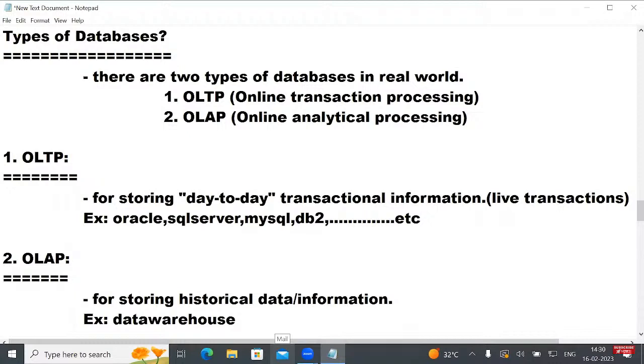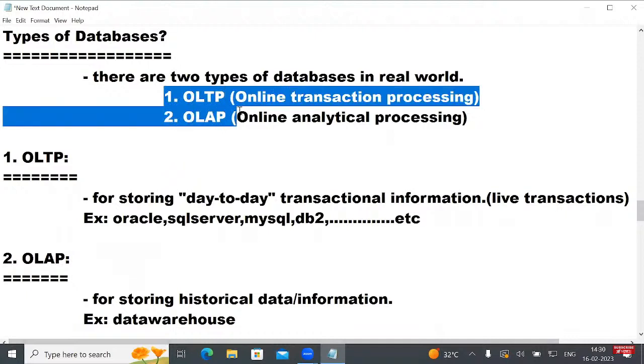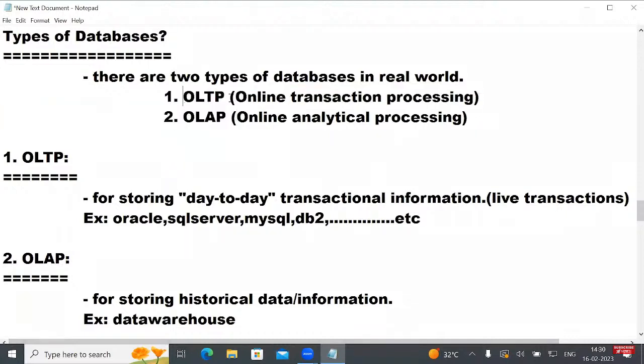If your organization is very big, definitely they require database maintenance. So OLTP and OLAP are the two types of databases in the world. Other than these two, there are no other databases.